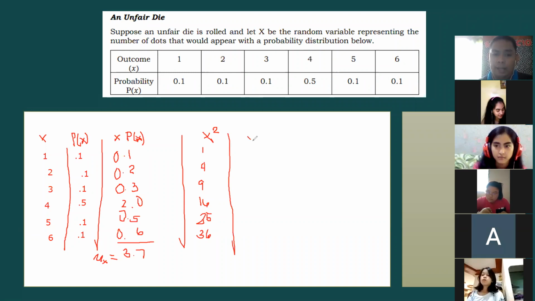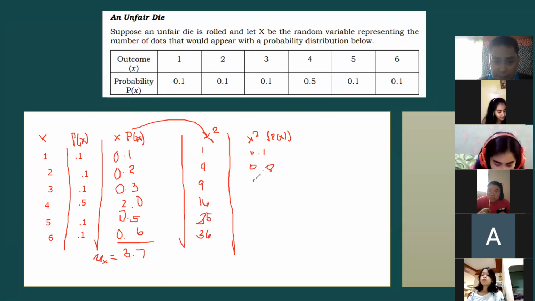Then look for x squared times P of x. So we have to multiply this with this. So that's 0.1 times 1, it's 0.1.